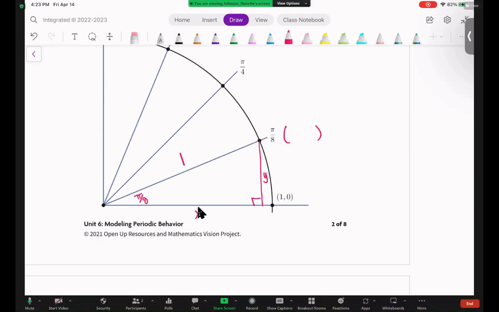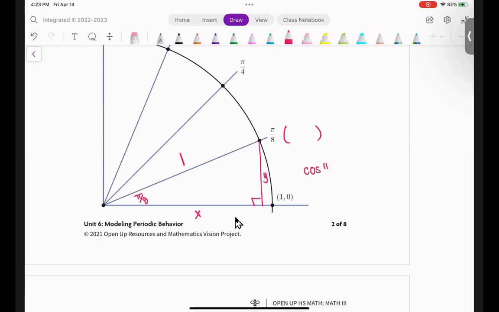In order to find x, I'm going to use cosine because that's the function that deals with the adjacent side. So here I'll write the equation: cosine of pi over 8 equals x over 1, which is just equal to x. So x is just cosine of pi over 8, right?